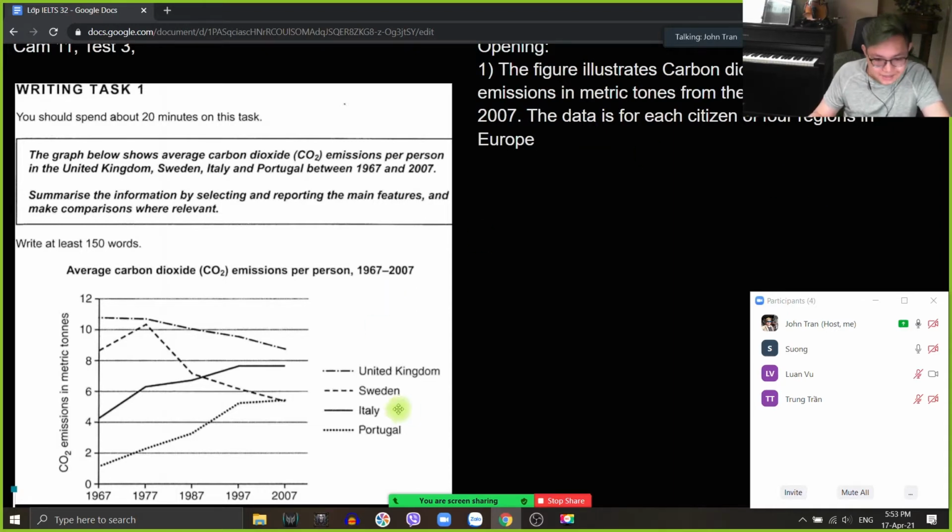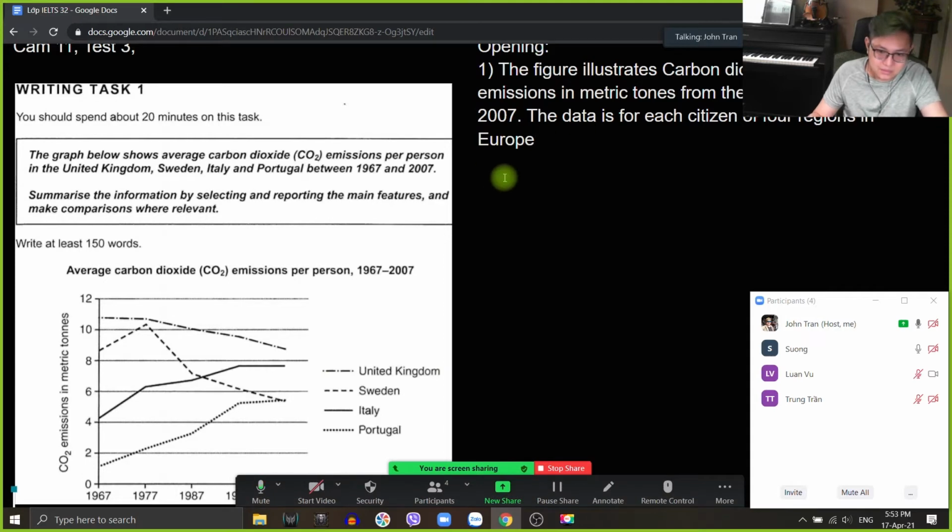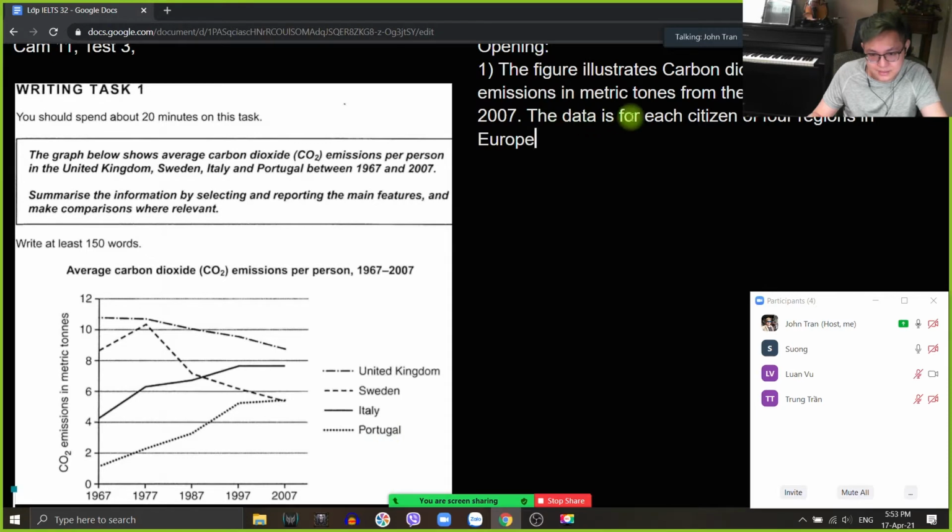Of course, these countries belong to Europe, right? So you can say the data is for each citizen of 4 regions in Europe. So in that way, you are using all the information that is provided in the graph. But you do not really follow the question.